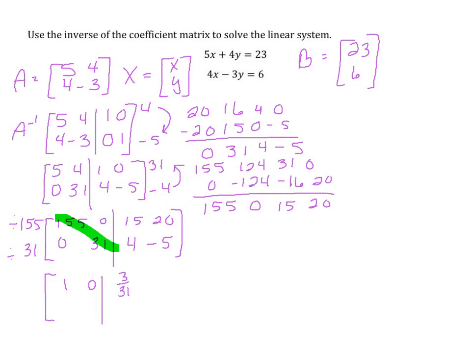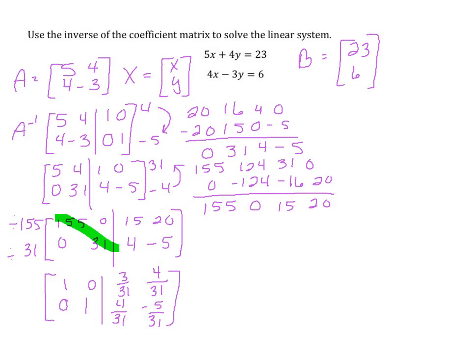And 20 over 155 is, I'm sorry, 4/31. 20 divided by 5 is 4. Oops. Alright, in our bottom row, we will have 0, 1, well that can't be reduced, so 4 over 31, and negative 5 over 31.